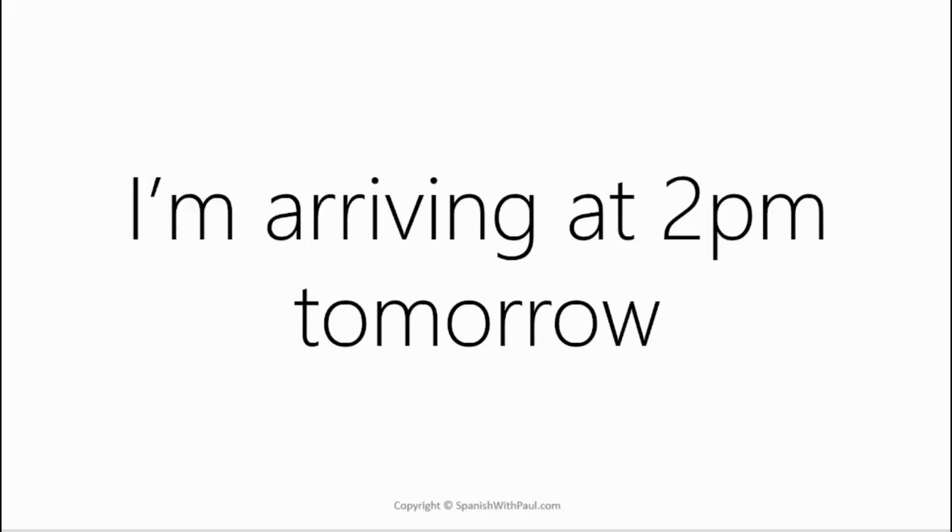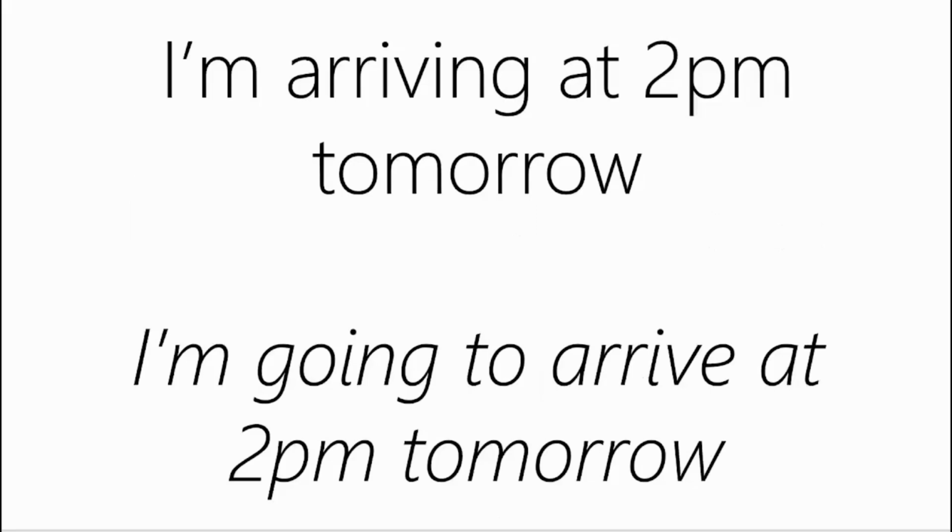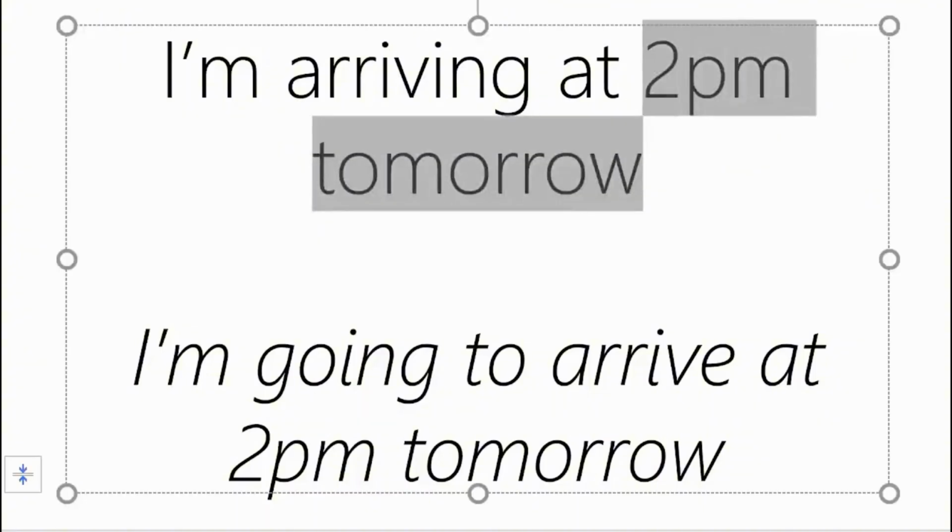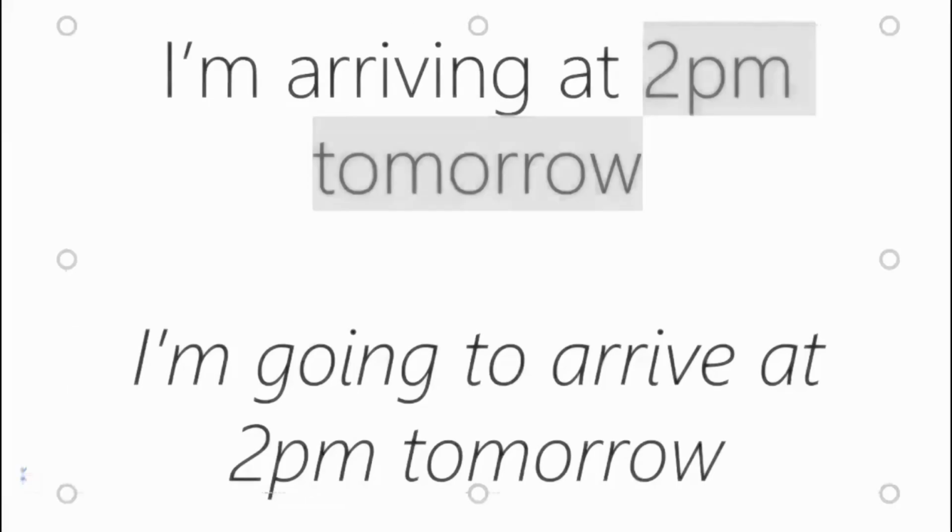Now, this is what you're not allowed to do in Spanish. Instead, you'd have to say something like, I'm going to arrive at 2 p.m. tomorrow. And this is the key difference that I would like you to take away from this lesson. In English, we'll often use it to describe something that will happen, but in Spanish, you would have to say, voy a llegar a las 2 mañana. You can't use it in the same way in Spanish.